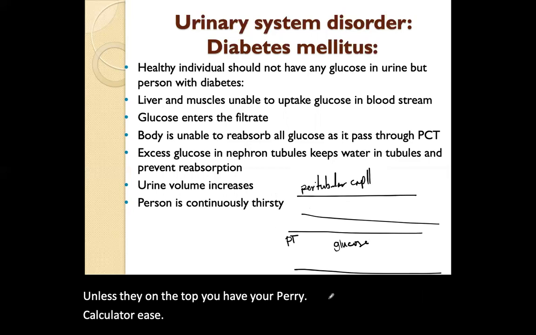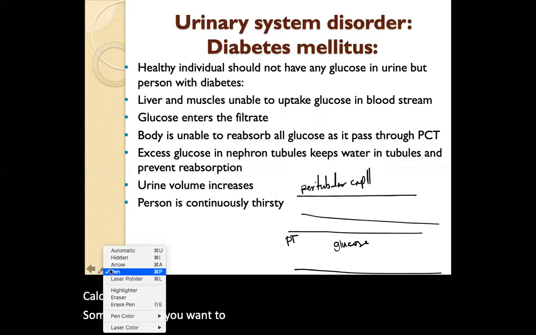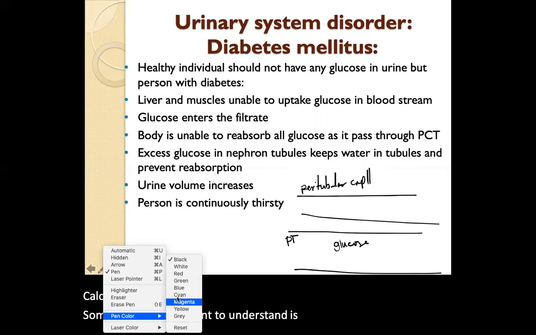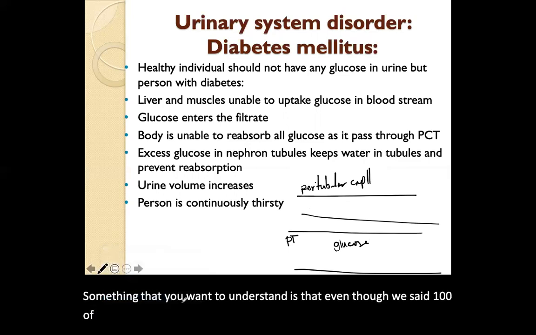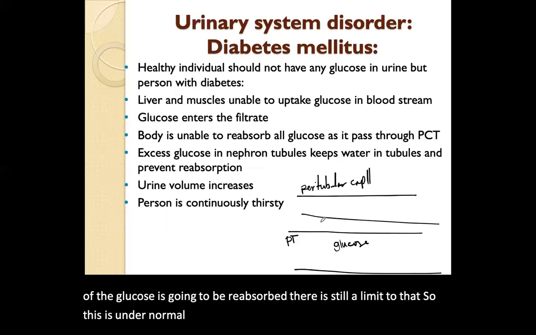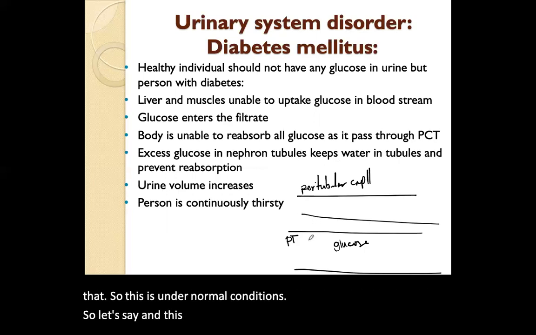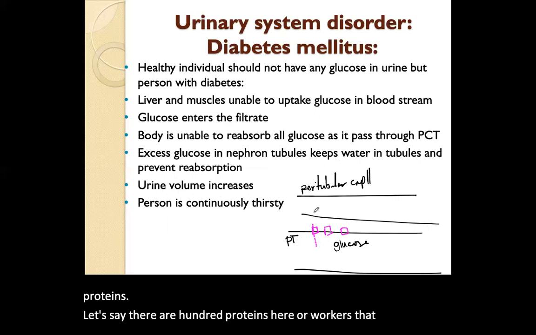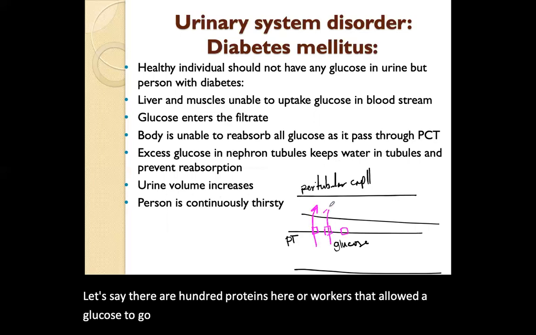Something that you want to understand is that even though we said 100% of the glucose is going to be reabsorbed, there is still a limit to that. So this is under normal condition. Let's say, and this is arbitrary, they're not actual workers, they're proteins, let's say there are 100 proteins here, or workers, that allow the glucose to go into your system, basically picking up 100% of the glucose.